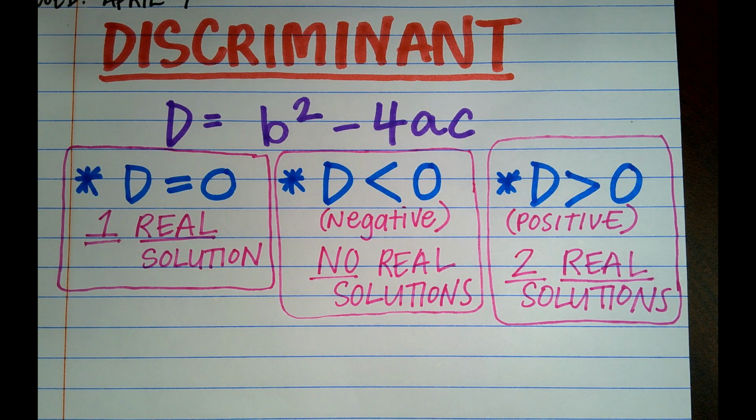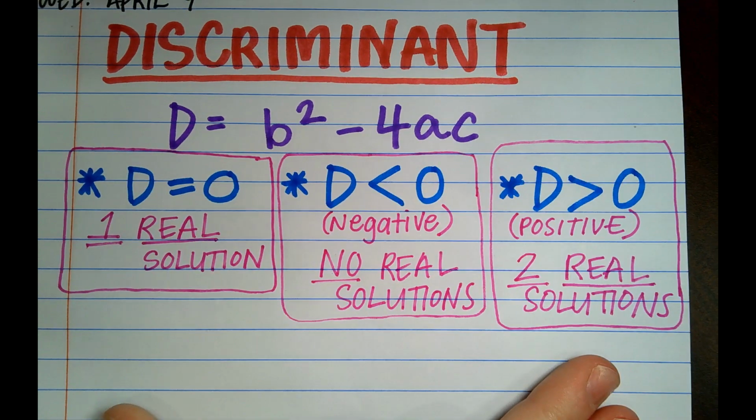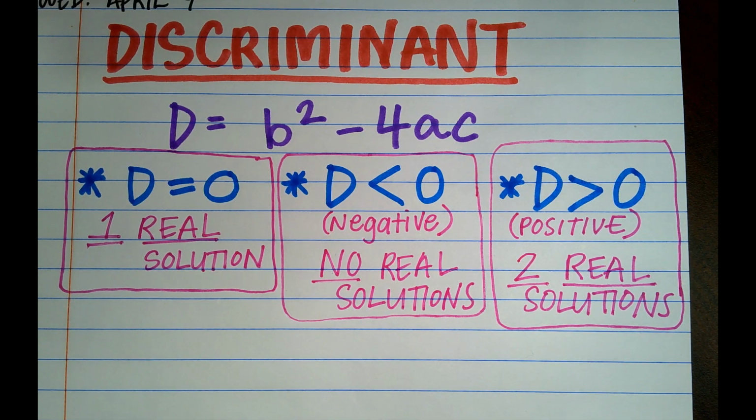So these are the 3 scenarios that we will see anytime we're doing a quadratic equation.